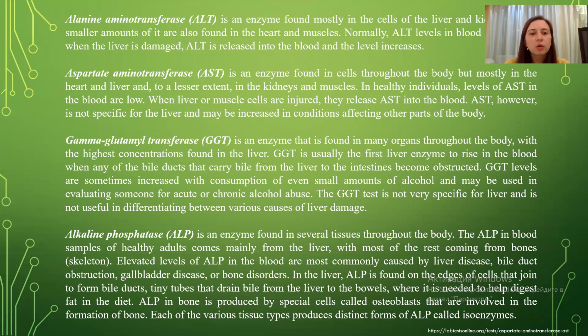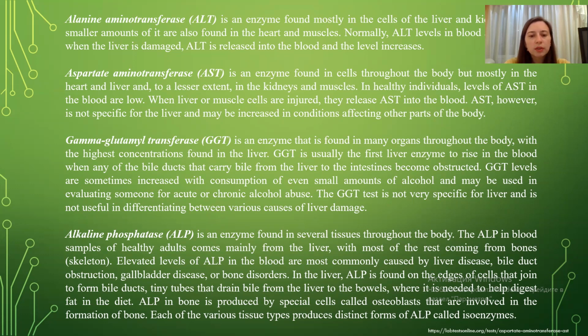GGT levels are sometimes increased with consumption of even small amounts of alcohol and may be used in evaluating someone for acute or chronic alcohol abuse. The GGT test is not very specific for the liver and is not useful in differentiating between various causes of liver damage.